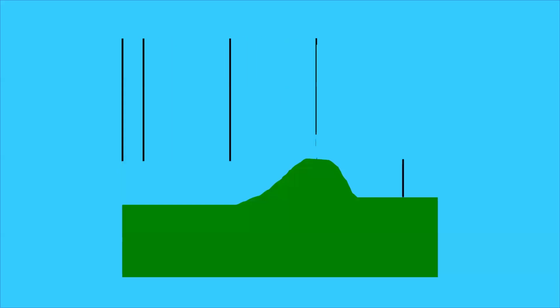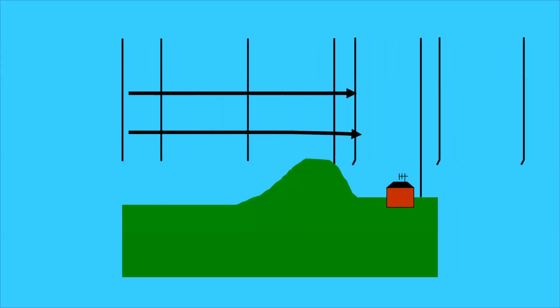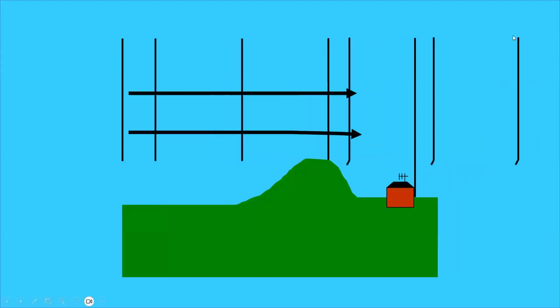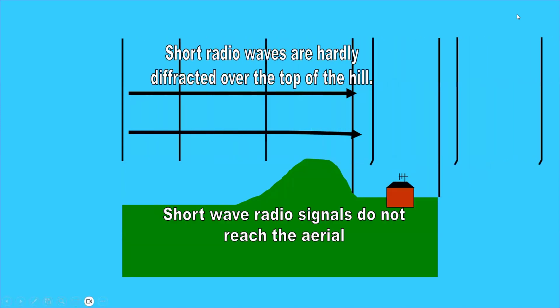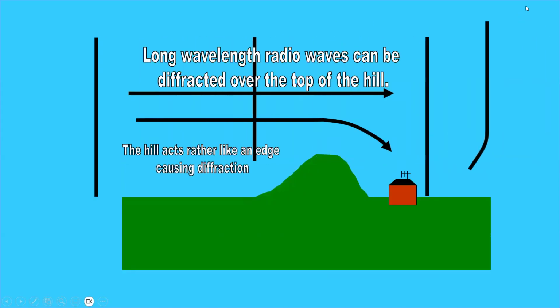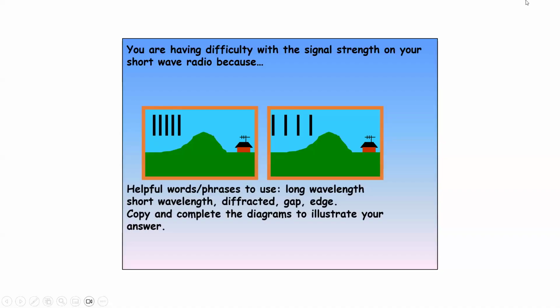What will happen if you use a longer wavelength? It will diffract more, so the antenna can pick up the signal. But if we use a shorter wavelength, which will diffract less, we will not be able to receive those signals. That is why you have difficulty with signal strength on your short wave radio.